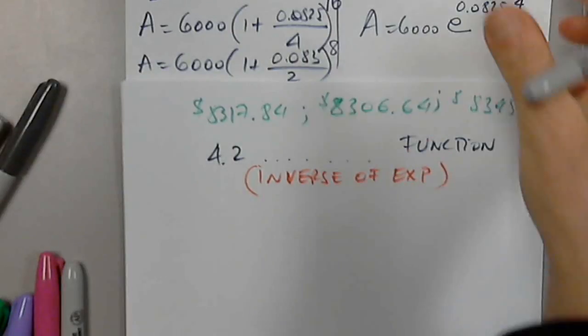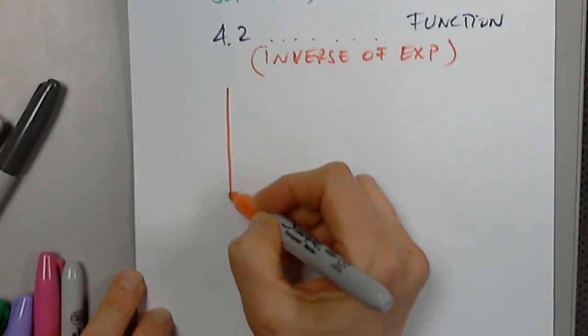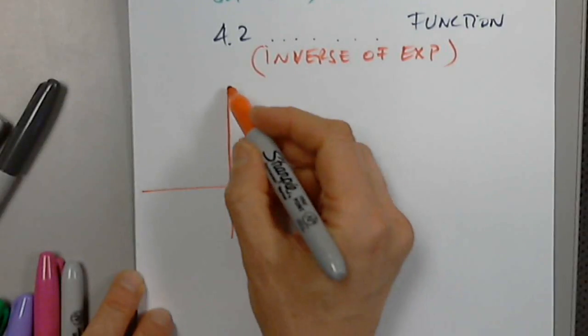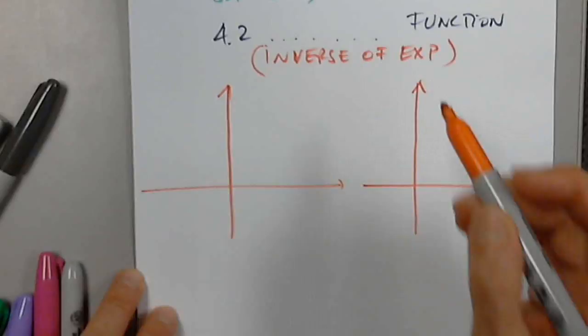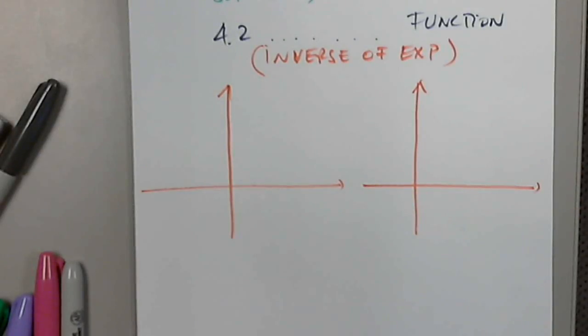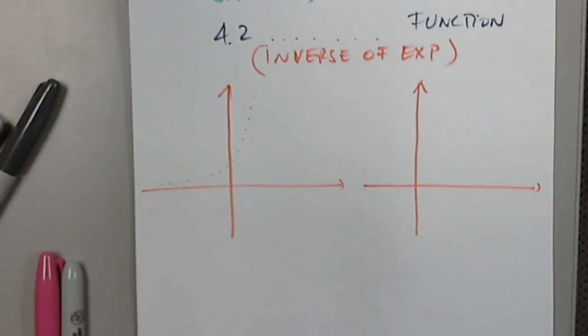Good, so there are two possibilities here. So this is one graph from what we just did. And this will be another. If you remember, I don't want to graph entirely your exponential function, but this was the first increasing exponential function.